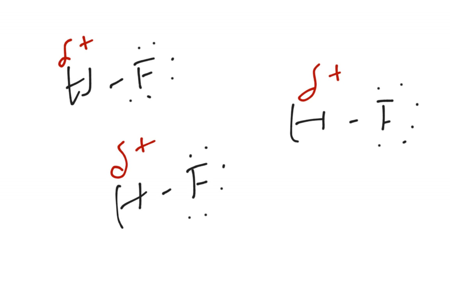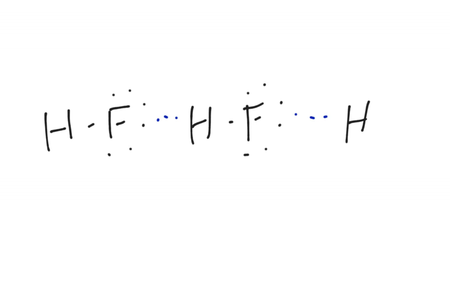So when we have a whole bunch of these guys in a beaker or in a flask or just floating around in the air, hopefully not, hydrofluoric acid probably wouldn't be the best thing to have in the air around you, this partial positive on the hydrogen attracts to the partial negative of the fluorine, and they end up making not a bond but an attraction, a very, very strong attraction between them, forming pseudo bonds, almost bonds between them.